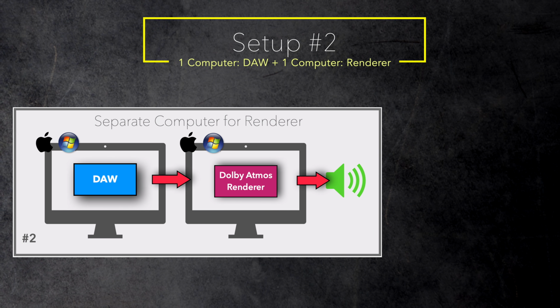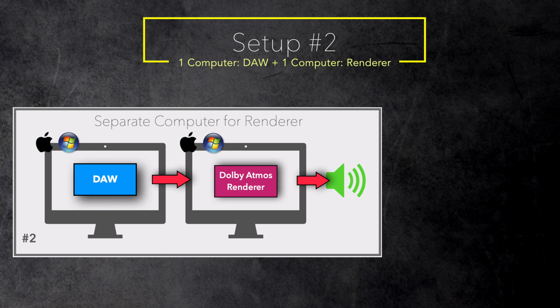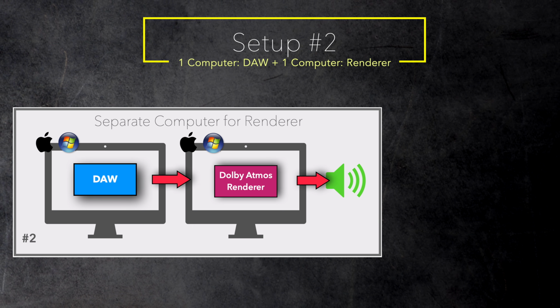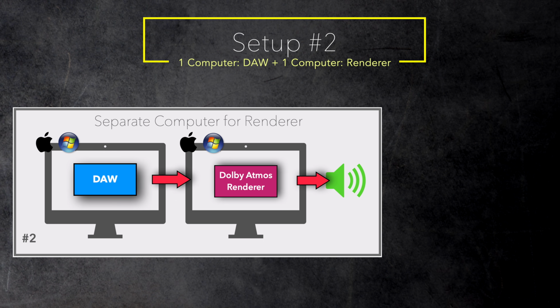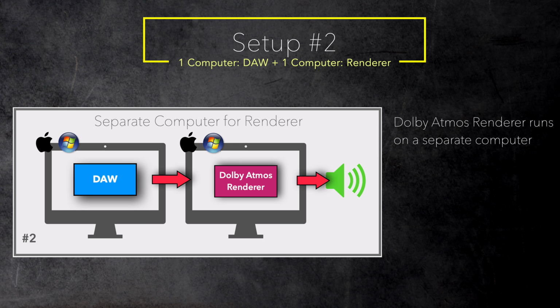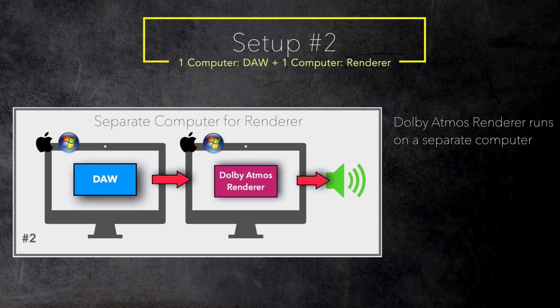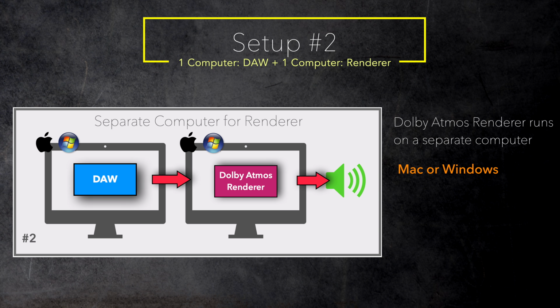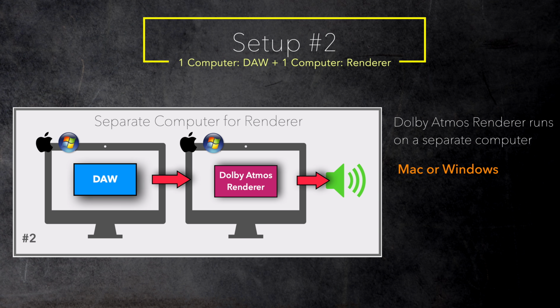Next, setup number 2. This is the same software setup with the two independent applications, the DAW and the Dolby Atmos renderer. However, the Dolby Atmos renderer now runs on a separate computer. This has the advantage that the DAW and the Dolby Atmos renderer can run on a Mac or Windows computer.